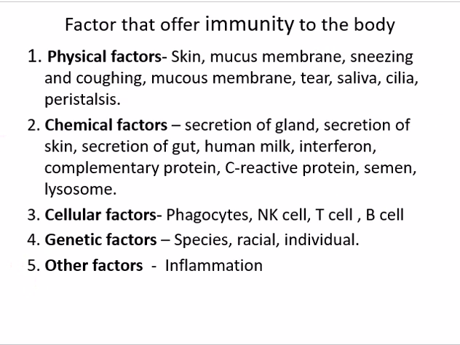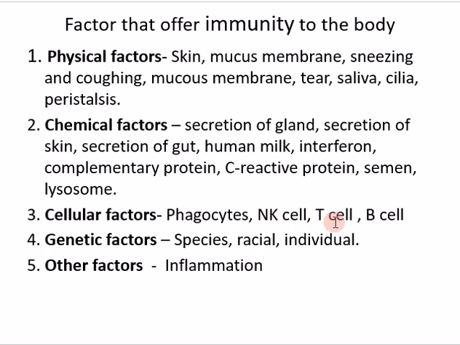But even then, if some particles force their way into our body cells, there is a mechanism called phagocytosis, where foreign particles are engulfed by certain groups of cells. Phagocytosis is brought about by the macrophages and the neutrophils.